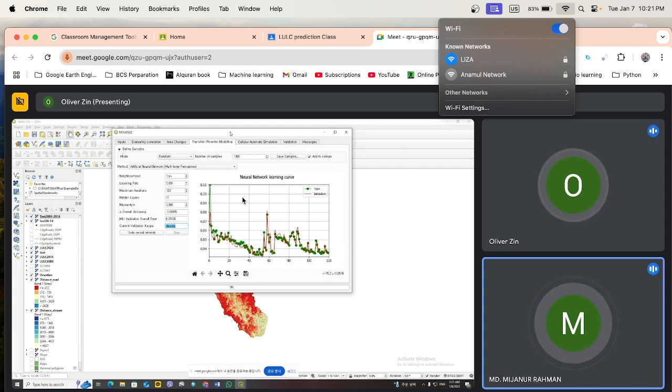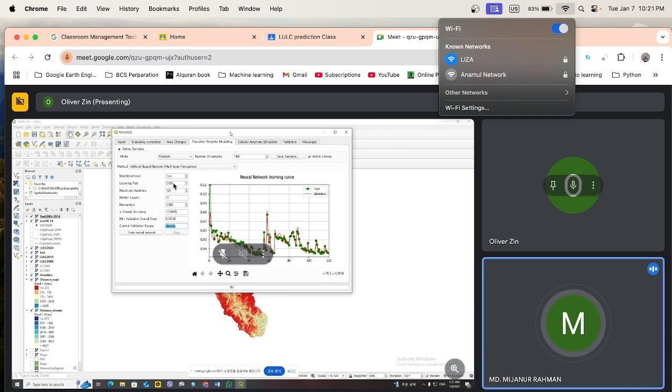And validation kappa also shows a positive value. For the artificial neural network, I think this value is considered positive, and you can see this symbol for overall accuracy, but you try to increase this accuracy.